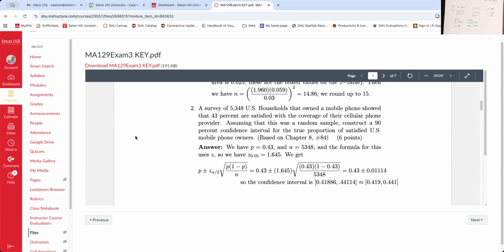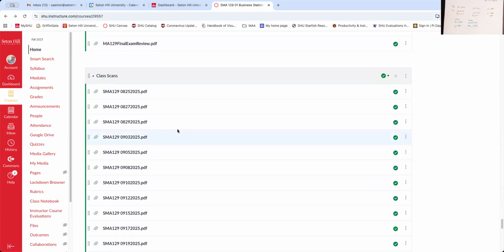More questions? Yes. So this is terminology regarding the way a one factor ANOVA is done.